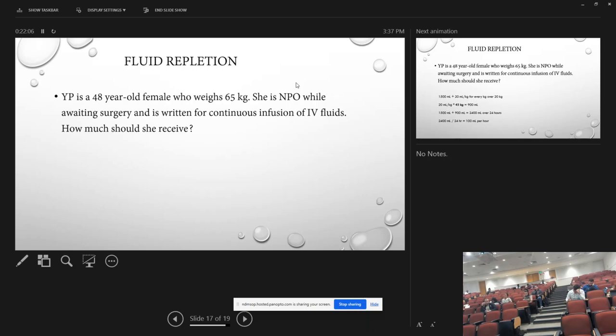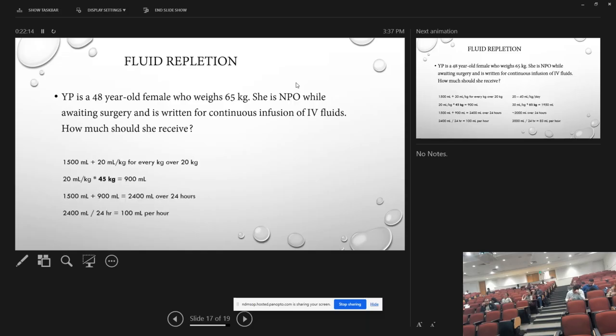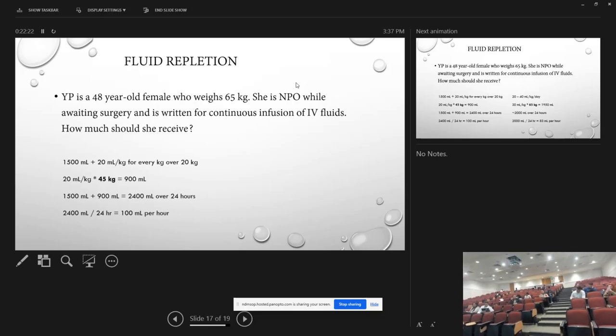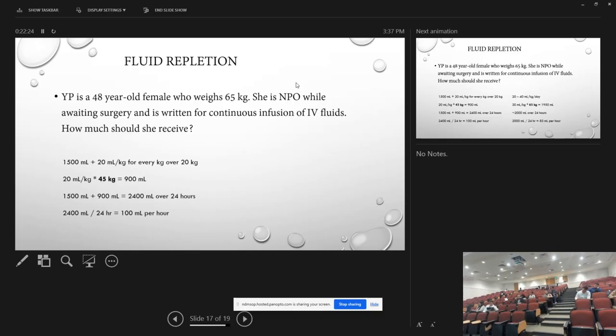So you can use either one of those calculations that I showed you on the other slide to calculate her maintenance fluid. If you chose the longer one, 1.5 liters plus 20 mils per kilo for every kilo over 20, you would get this. So 20 mils times 45 kilos, which is 45 over 20, is 900 mils.